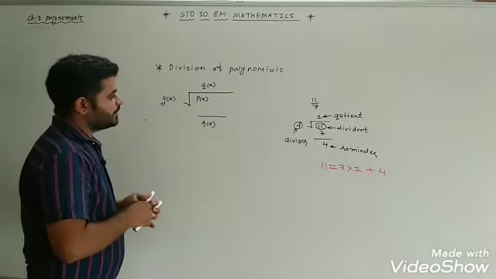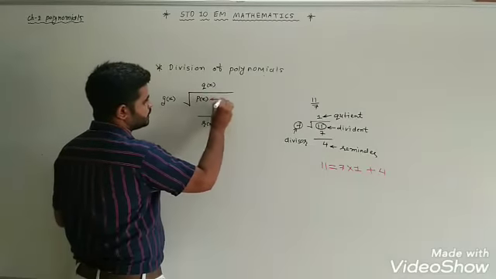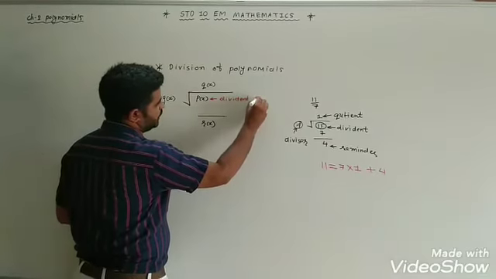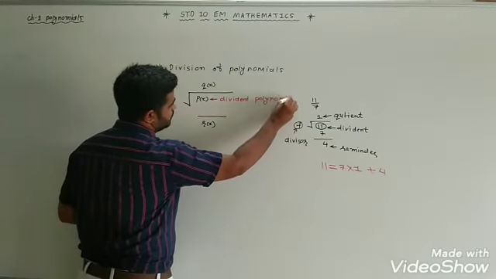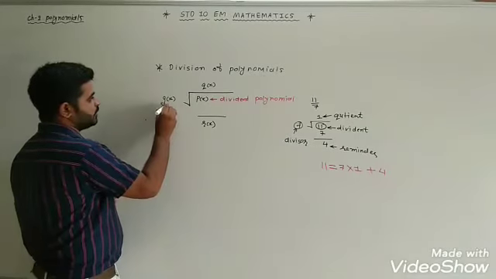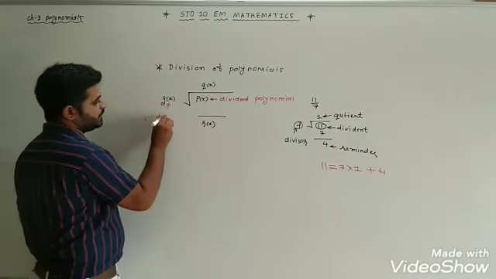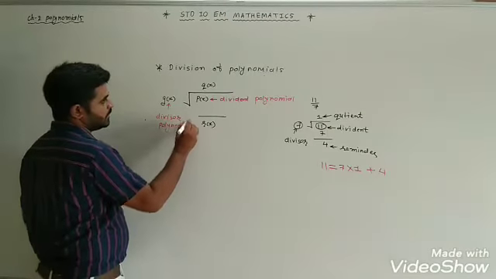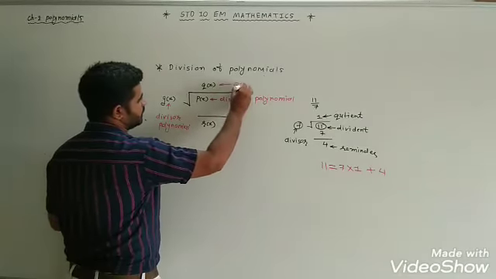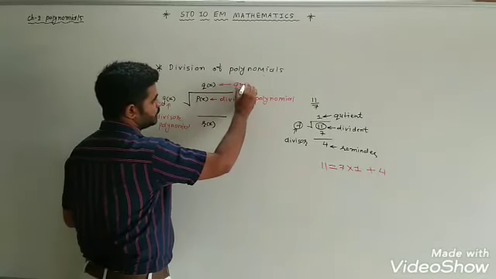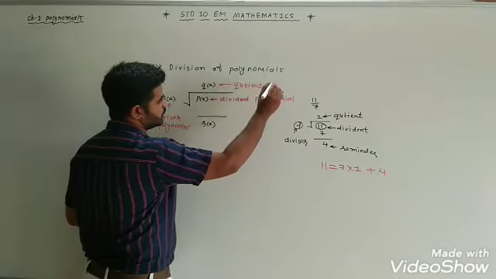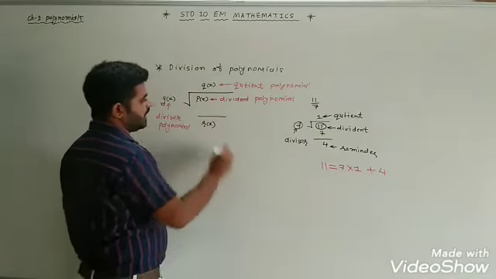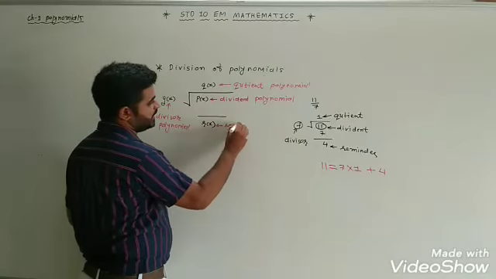Okay, so p of x is called dividend polynomial, this g of x is called divisor polynomial, q of x is called quotient polynomial, and r of x is called remainder polynomial.